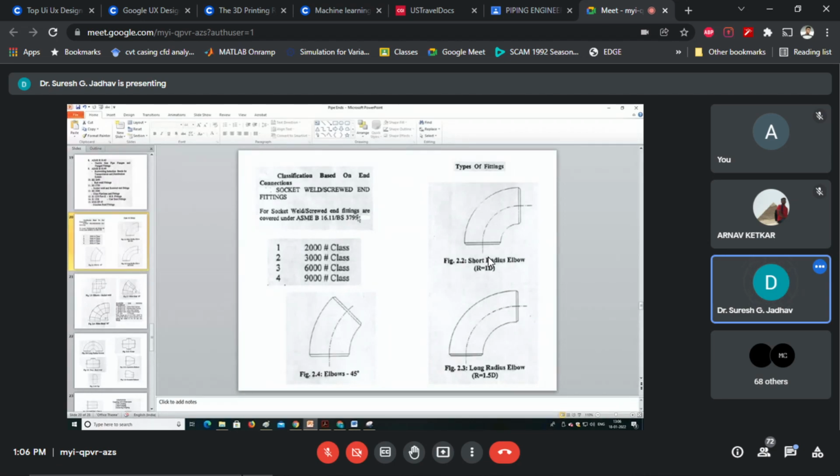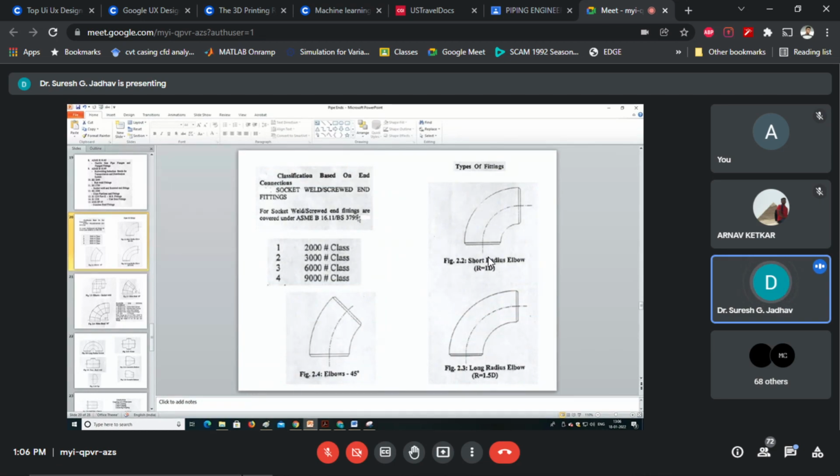Next there is an elbow in 45 degrees, and another is the elbow 90 degrees. There are various types of fittings used to complete piping systems. These are used to change direction and change diameters.